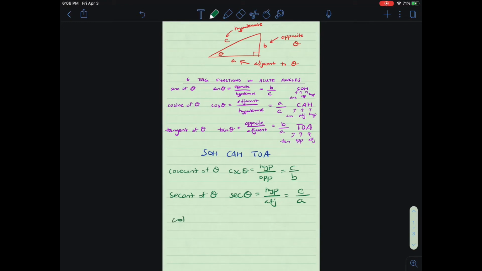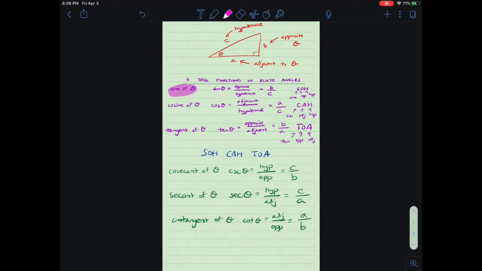And then finally, we have the cotangent of theta, abbreviated as COT. Cotangent of theta would be adjacent over opposite. Again, looking at the triangle at the very top, my adjacent is A and my opposite is B. And so these are going to be your 6 trig functions, right?